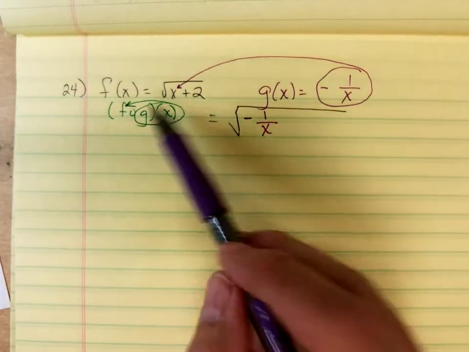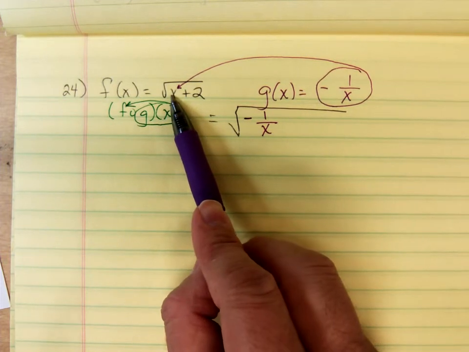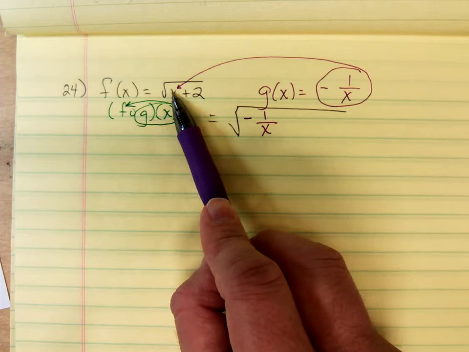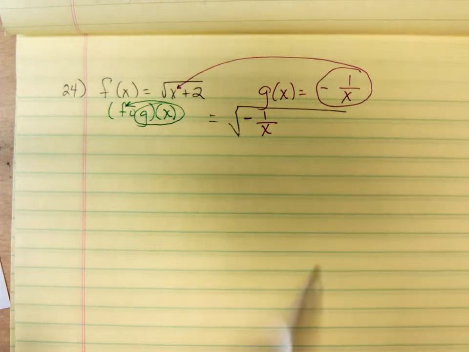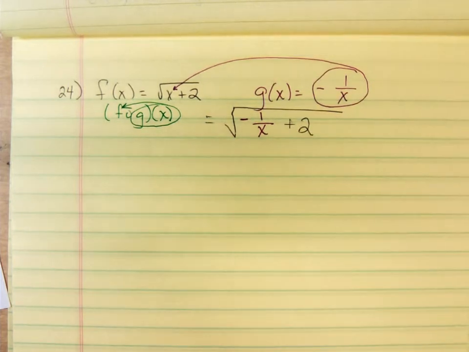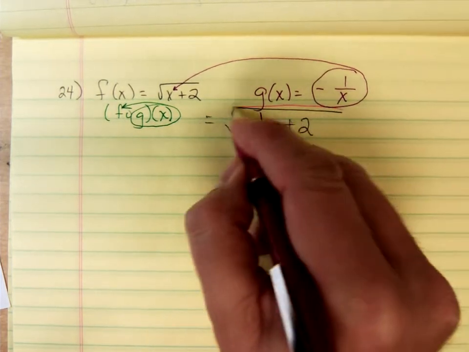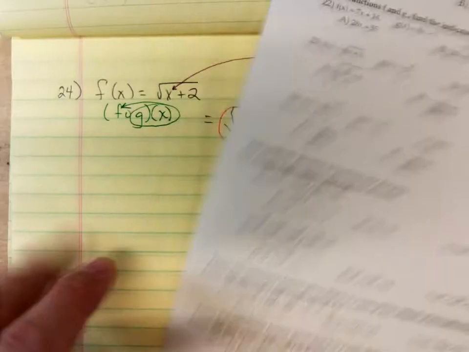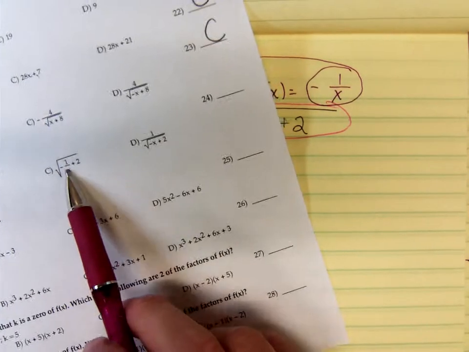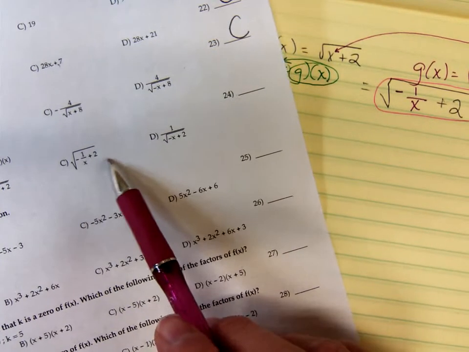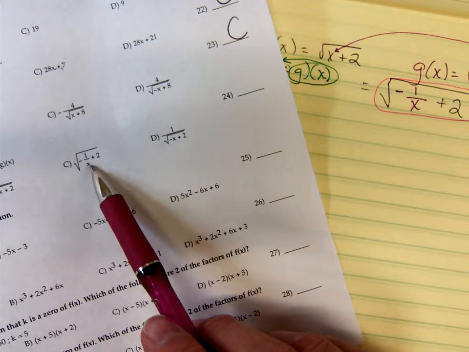In place of this x, put the purple negative 1 over x, and then you still have the black plus 2. So let's see. I'm thinking that one's C also. Square root of negative 1 over x plus 2. So C.